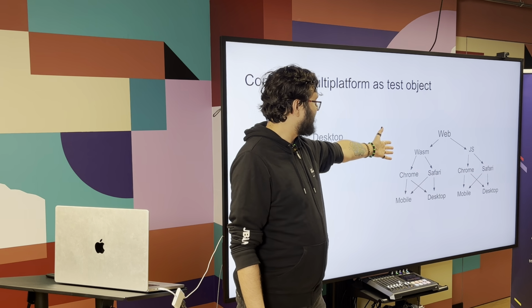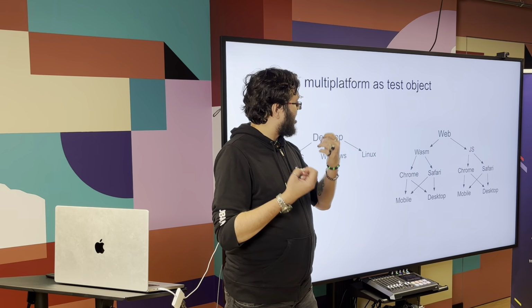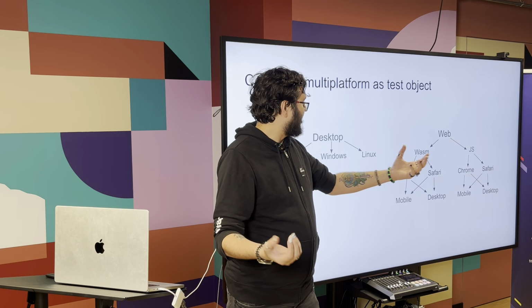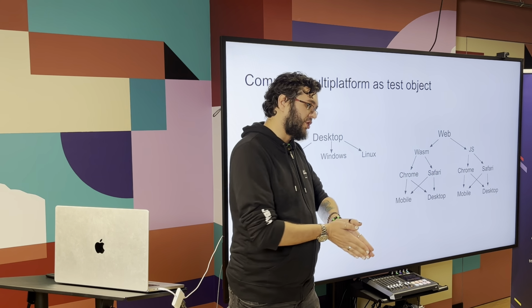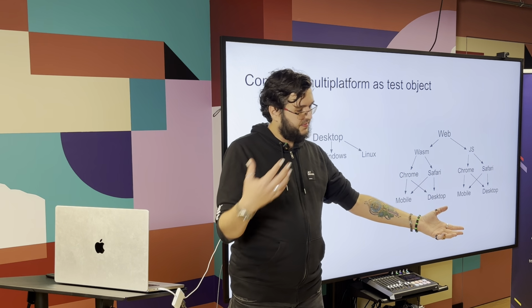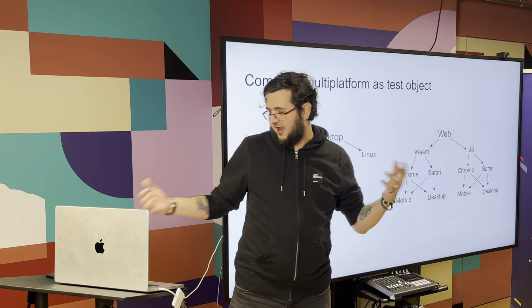And web is a little bit of hell, because we are compiling our code into WebAssembly and JS. Each of them should be supported on different browsers, even in mobile and desktop, and it looks like this. The pyramid of hell. I call it like this.